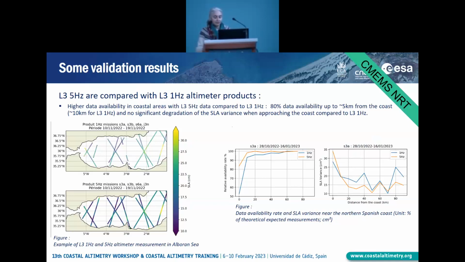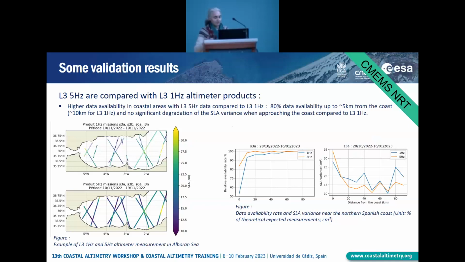And if we look at the evolution of the sea level anomaly variance when approaching the coast, we can see that the 5 Hz product presents a lower variance than the 1 Hz product far from the coast. So this proves that the processing applied efficiently reduces the noise on the 20 Hz measurements that we are using upstream.